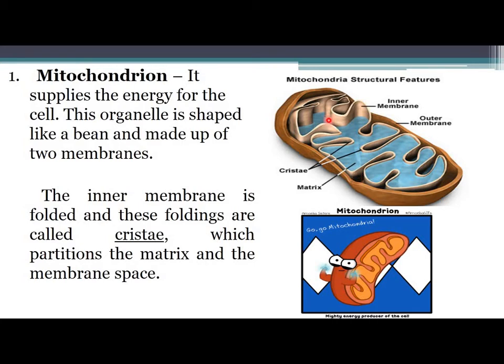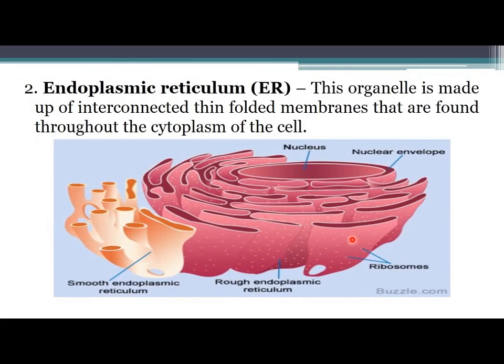So ang mitochondrion, siya ang nagpo-produce ng ATP, adenosine triphosphate. Ito ay isang chemical energy na necessary sa ating para ma-sustain ang life ng bawat organism.